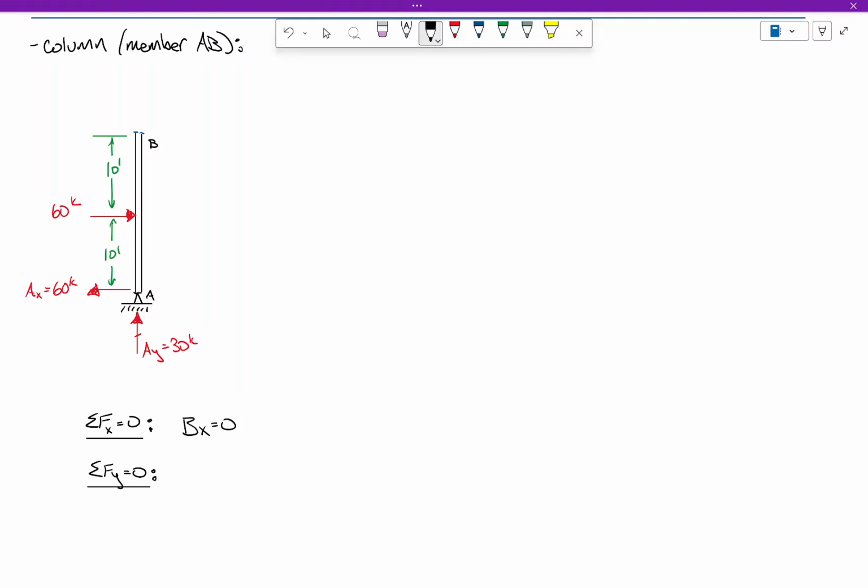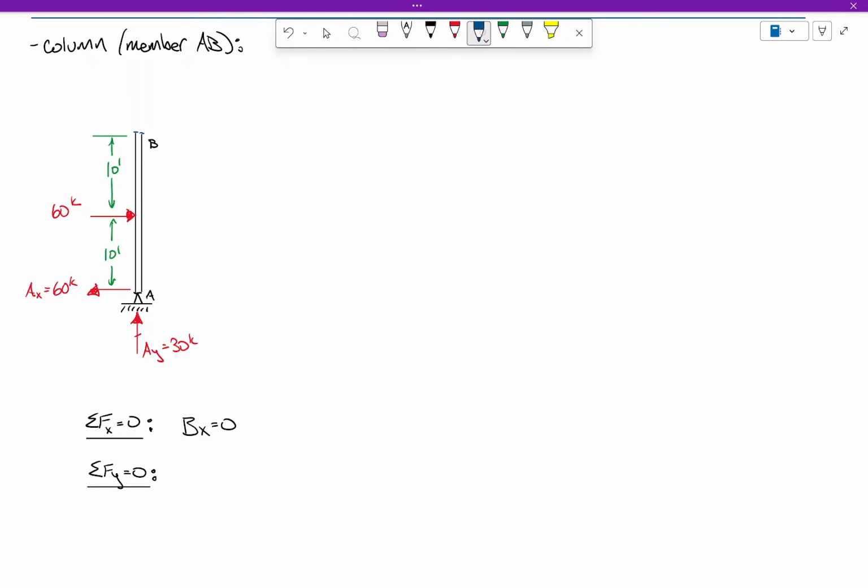What is the vertical, is there a necessary vertical force at B to achieve equilibrium? What is it? 30 what? 30 kips. Down. It's got to be down, right? Because this is 30 kips up, we got to have 30 kips going downward. Okay?